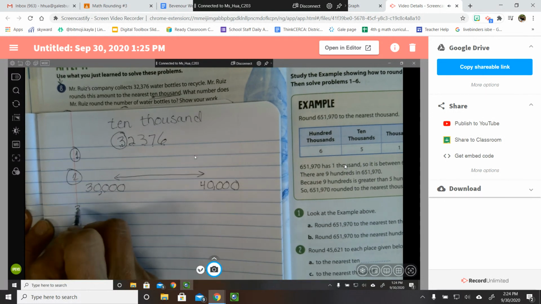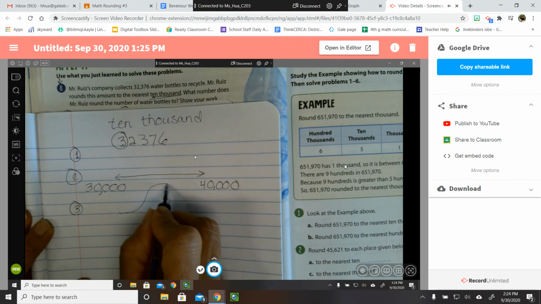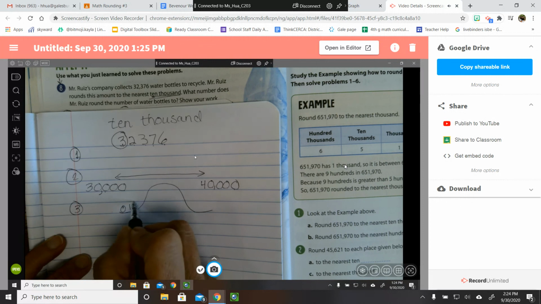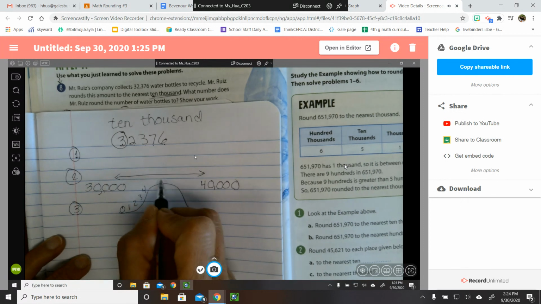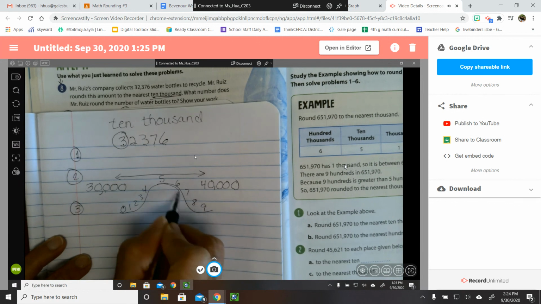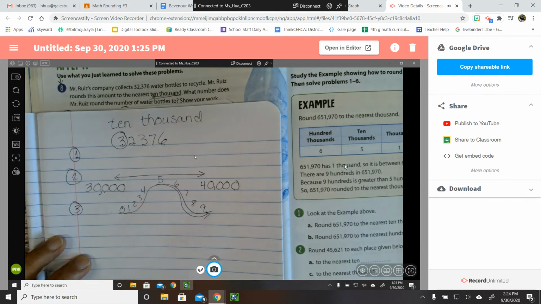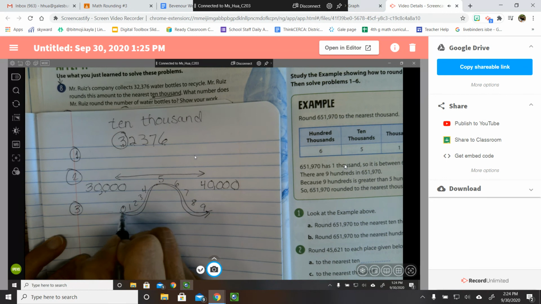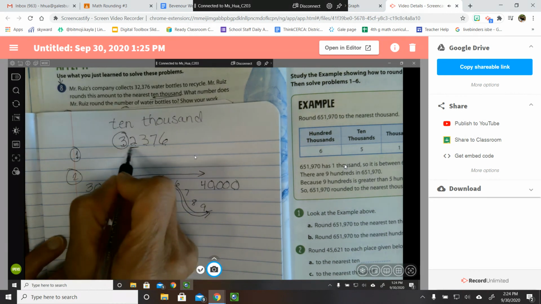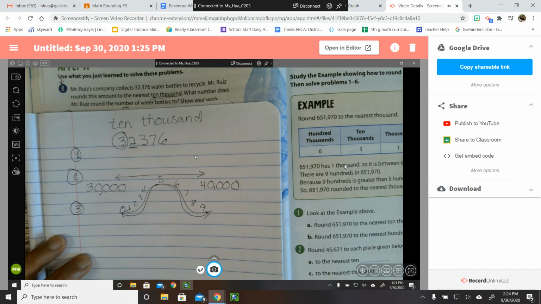So step 3, I'm going to do my little bell curve over here. Okay? So watch. I have 0, 1, 2, 3, 4 over here, and 5, 6, 7, 8, 9 is over here. Now, I'm focusing on the number to its right, which is a 2.